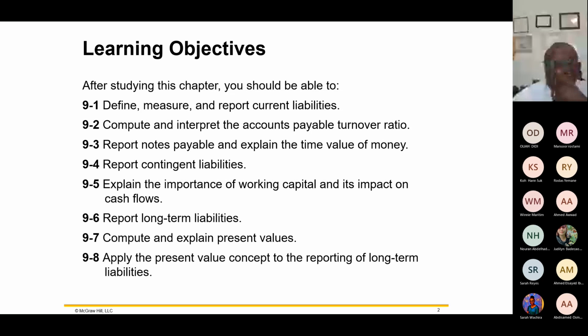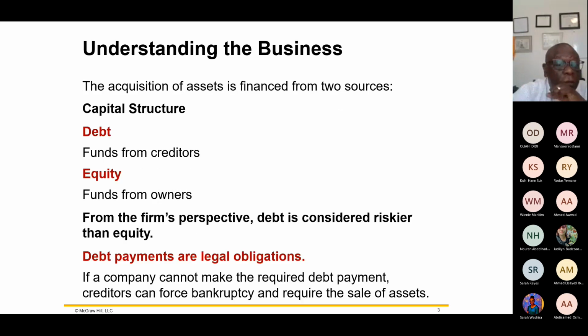In current liabilities, we have a lot of accounts that we should be focusing on. The things we will be looking at are current liability, long-term liability, and equity. Equity is the stockholders.